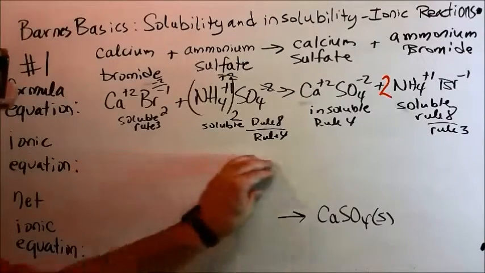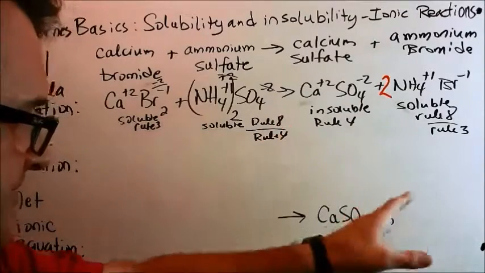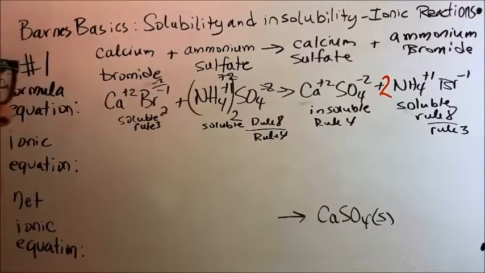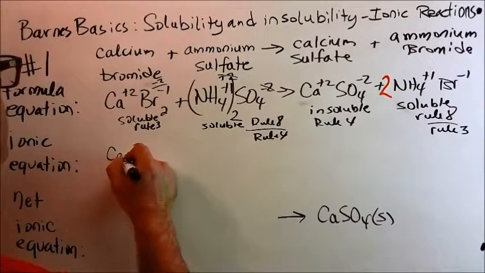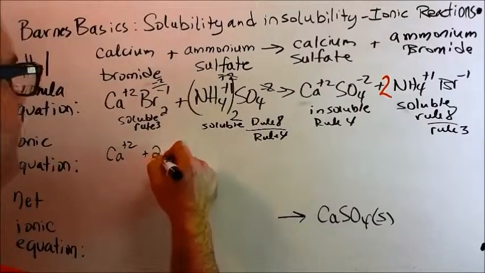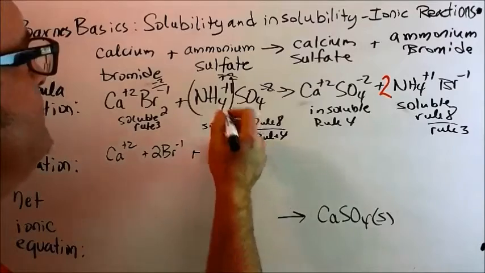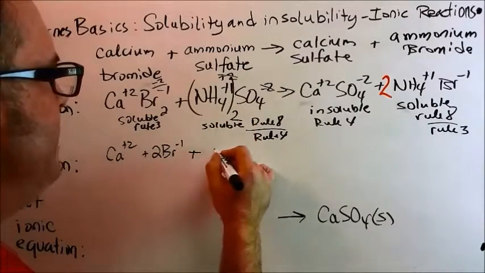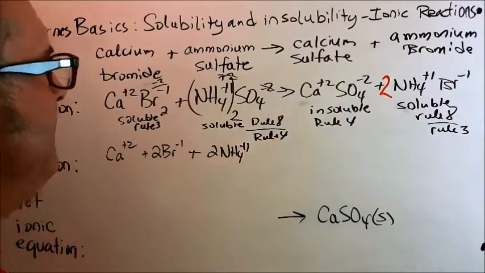Now, to work the ionic equation, we're just going to drop down all of these ions and with the amounts of those. So in this case, calcium is +2. We have 2 bromines at -1. We have 2 ammoniums at +1.